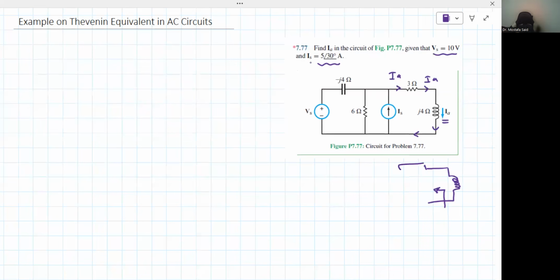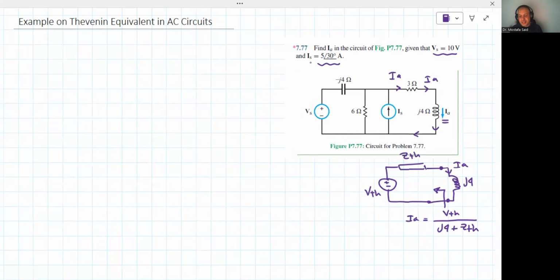We're gonna see a reactance, call it Z Thevenin. We're gonna find a source that we're gonna call V Thevenin. That's j4. These are the two terminals. And then IA, which flows through the inductor, will be equal to V Thevenin divided by j4 plus Z Thevenin. Very easy, right? Can we do this using the 3 ohm resistor? Yes, of course.